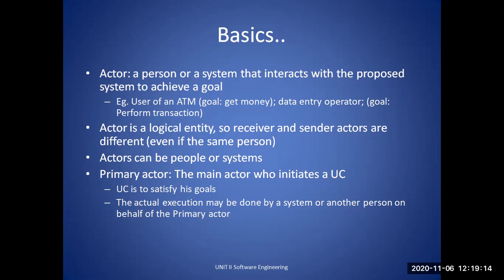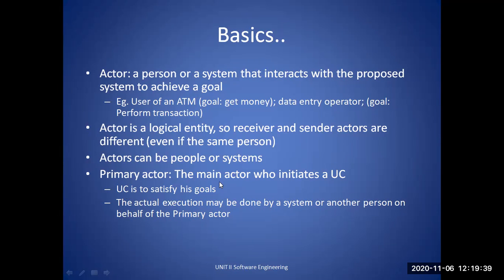So primary actor, it is the main one. So who will be called the primary actor? The main actor for whom a use case is initiated and whose goal satisfaction is the main objective of the use case. So the main actor who initiates a use case.